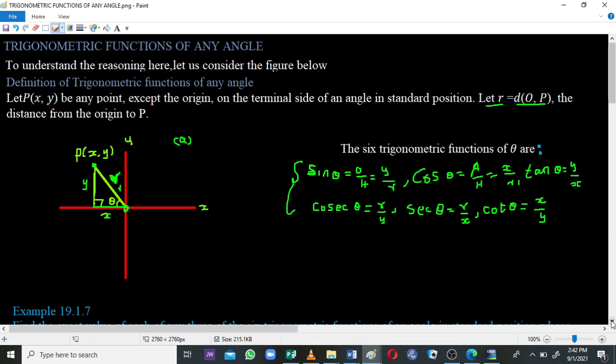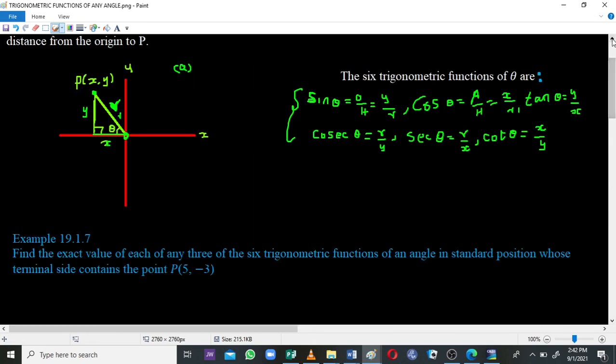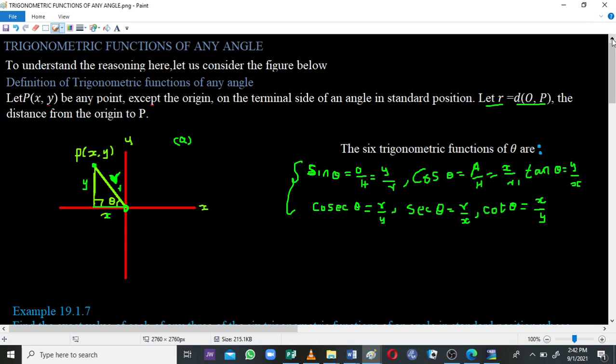Now we can use Pythagoras theorem. If we want to find r, we can say r squared is equal to x squared plus y squared.